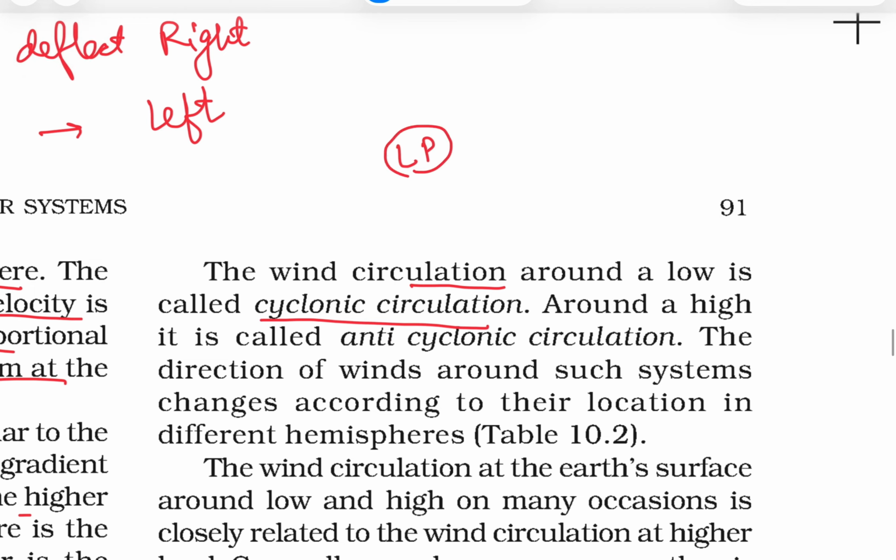Suppose this is a low pressure area, and we have a high pressure area. In the high pressure area, there is a surplus of wind, so it will move outward.